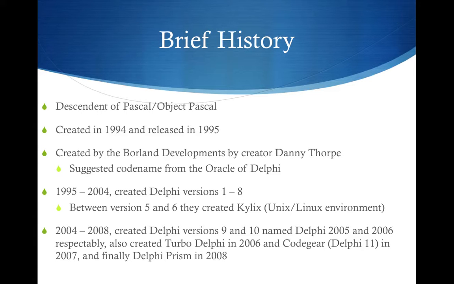Later, in 2004 to 2008, you have Delphi versions 9 and 10, respectively, called Delphi 2005 and Delphi 2006. Now, Delphi 2005 included design time manipulation of live data from the database.